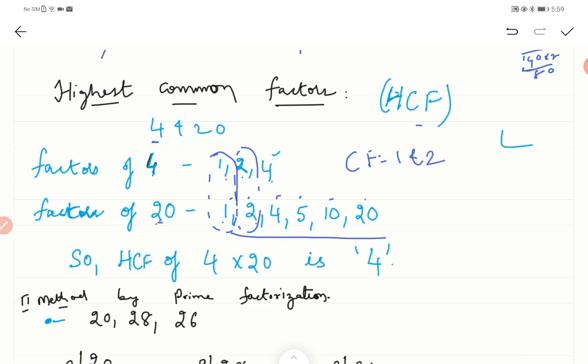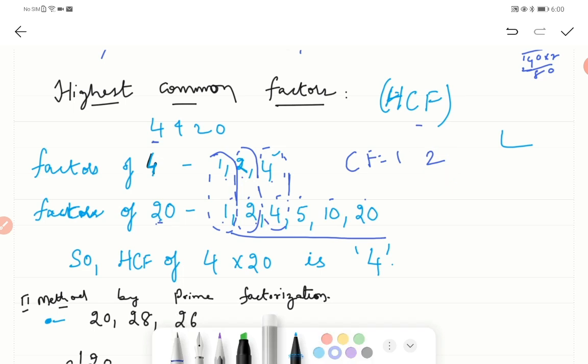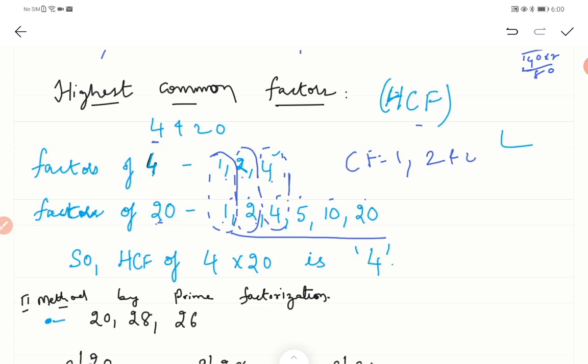Out of this 1 and 2, which is the highest common factor? It is 2, isn't it? Okay, sorry, you have 4 also here. So your common factors are 1, 2 and 4. Out of these 3 common factors, 4 is the highest or greatest, isn't it?